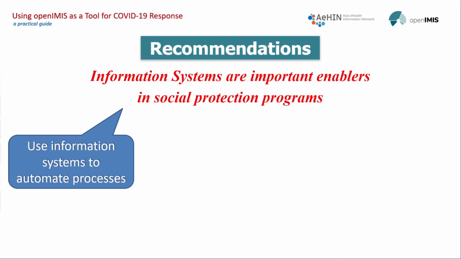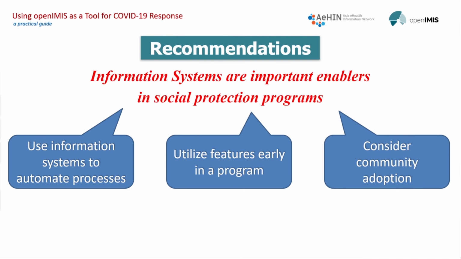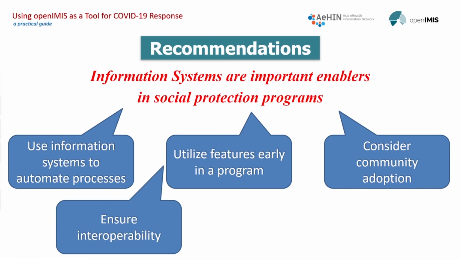Active utilization of enrollment and reporting features of such systems, particularly on the front end of the program rather than late in the process, can contribute to program efficiency. The importance of adoption scale and community import should also be a consideration. And utilization of interoperable systems, especially for multi-departmental programs, would also contribute to better program monitoring and decision making.